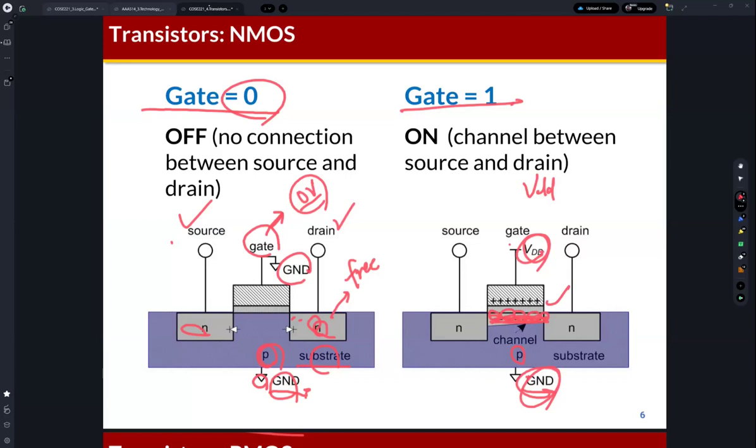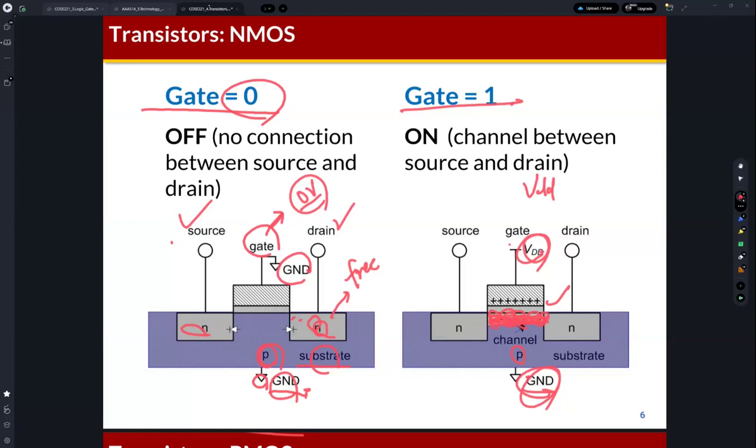So even though the gate is not connected to the substrate, because of the voltage difference, this voltage difference can influence the electromagnetic field of this P substrate. So free electrons gather at the surface of the P substrate.